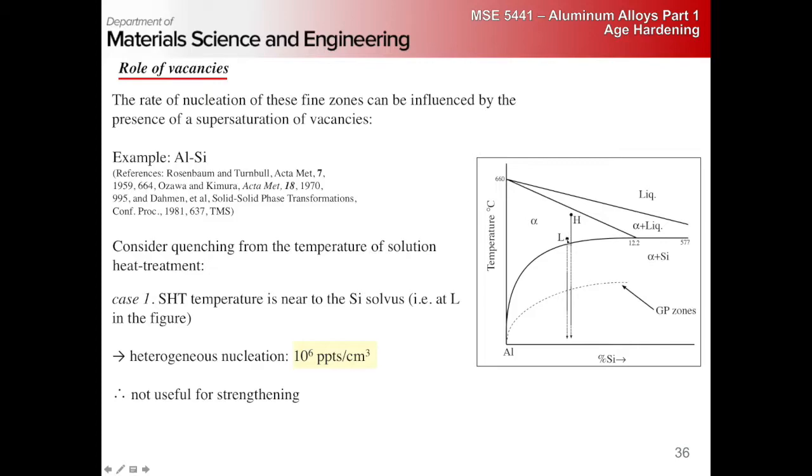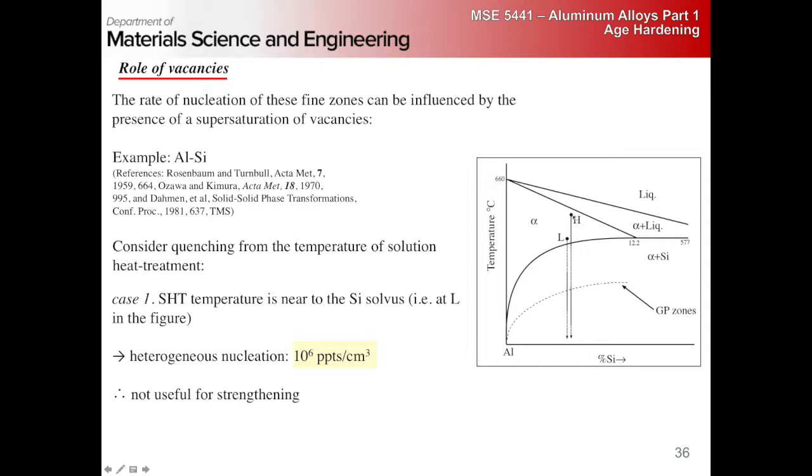If we quench from this point here, L, from the alpha region into the two-phase region below the GP zone solvus, we go through heterogeneous nucleation, mostly at grain boundaries and dislocations, and we have about 1 million precipitates per cubic centimeter, which is not useful for strengthening.